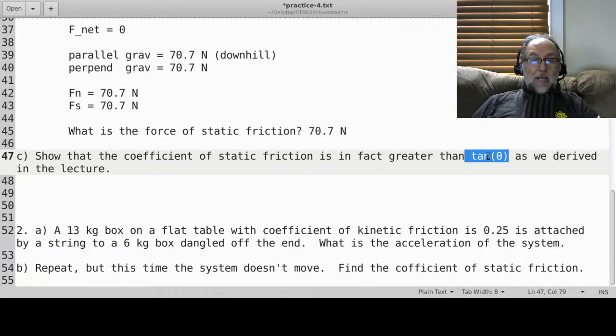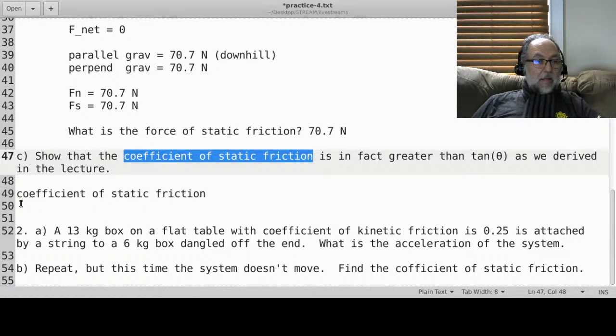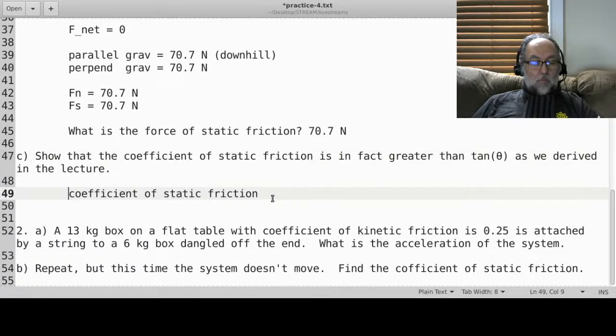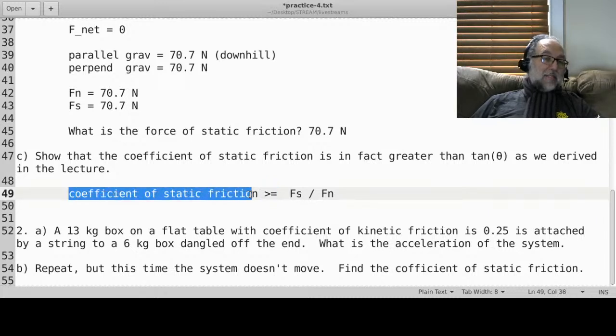Okay, and so let's see that that actually turns out to be true. Okay, so the coefficient of static friction has to be bigger than or equal to the force of static friction divided by the normal force, like that. Okay, notice that this is not an equality, it's an inequality. So that means that I can't tell you what the coefficient of static friction is going to be.